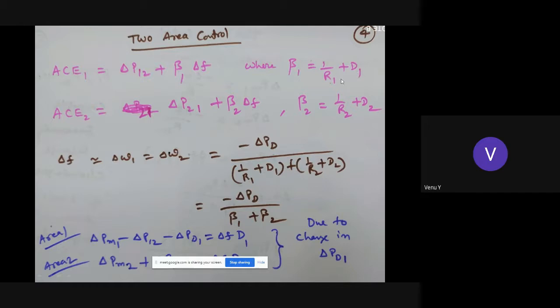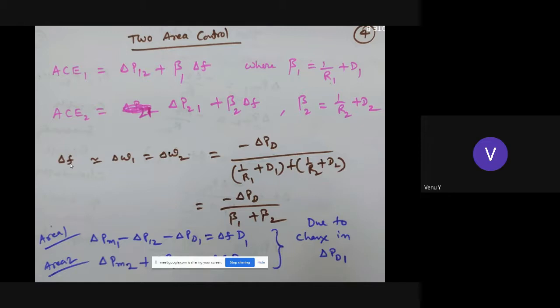You can use any term. And ACE2 equals delta P21 plus beta 2 into delta F, where beta 2 is 1 by R2 plus D2, or B2, you can use any one. This is the area control error of the second area.